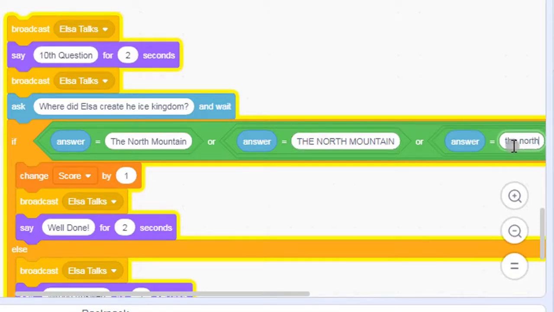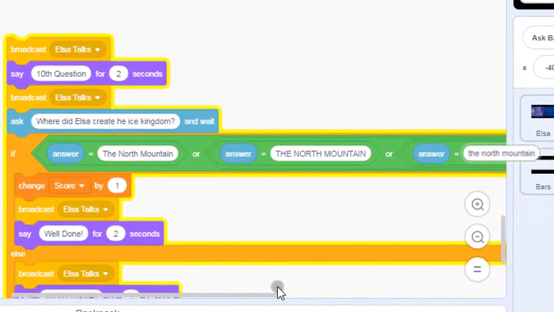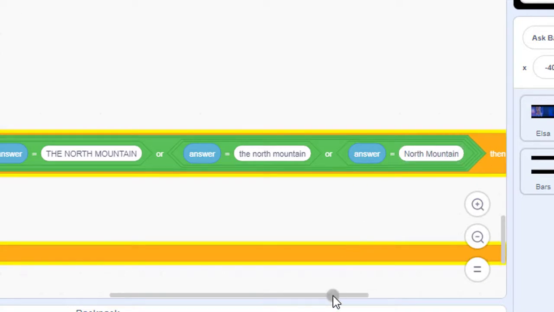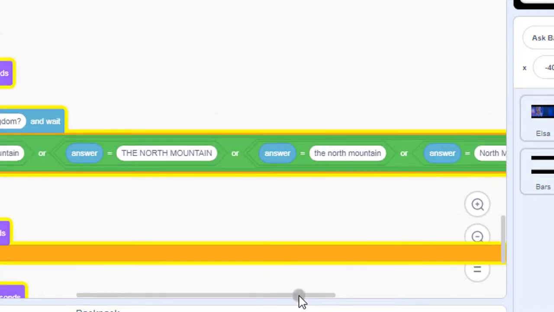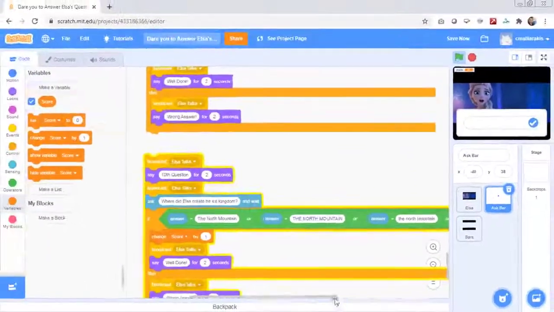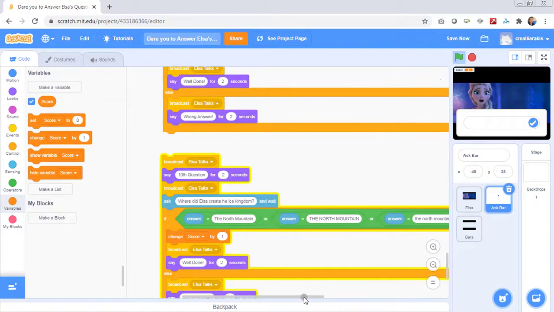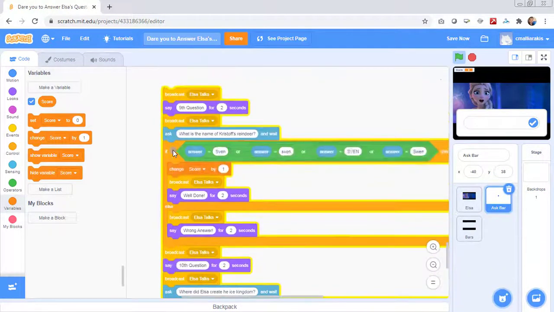The North Mountain. Here you could add even more right answers. North Mountain. Very good. Here we have the 10th question.